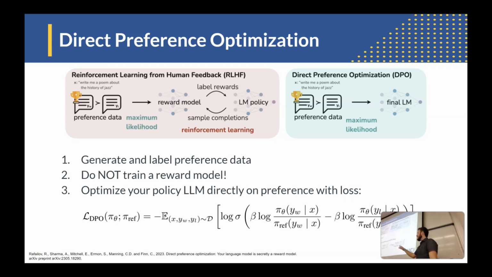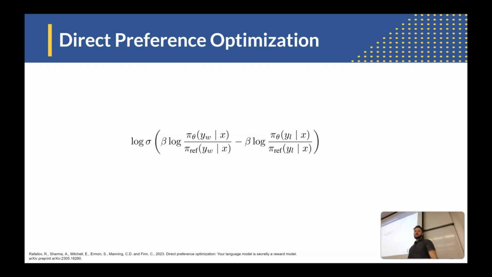Basically what this loss is saying, we're going to pick it apart a little bit in just a second. Basically we're saying that YW, which is our preferred output, or Y win, and then our unpreferred output, YL, we want to maximize YW and minimize YL. This should look kind of similar to our reward model loss, which we saw before.